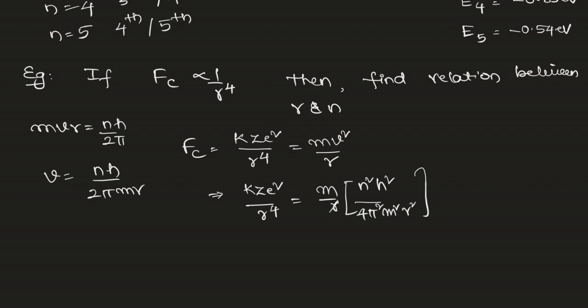So that R square, that R cube, R power of 4 gets cancelled. And of course mass gets cancelled, but they are asking only for the relation between radius and principal quantum number. So R is inversely proportional to n square. You can expect some questions like this also. By changing that Coulomb force, they may ask you for the expression for radius, like that.